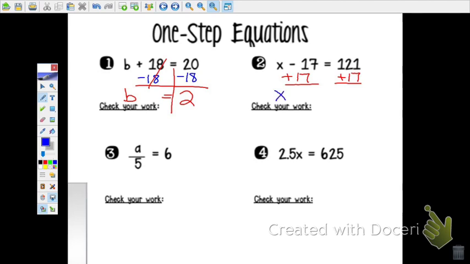Negative 17 plus 17, those are inverses. It's gone. 121 plus 17 gives me my solution of 138. Again, very easy for me to check my work. 138 minus 17 does equal 121.